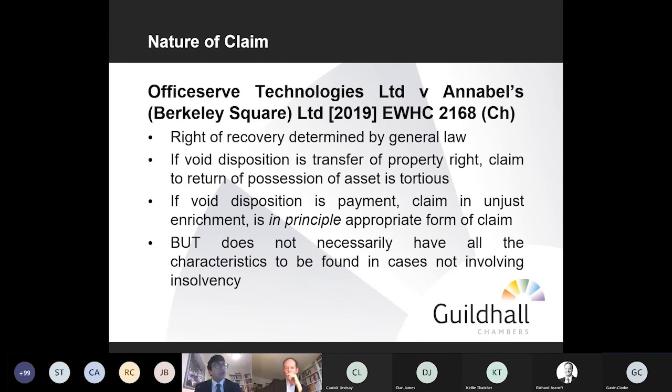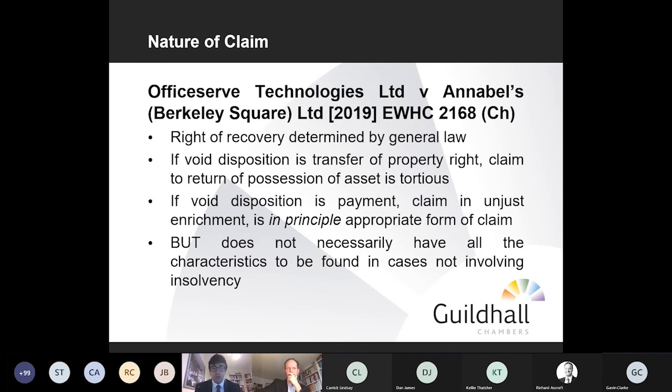And the point that Judge Matthews made in the Officeserve case is that it's all well and good looking to the general law, but you have to start by working out what the disposition involves to know what law to look to, if I put it that way. So there's a distinction if your void disposition is the transfer of a property right. So, for example, the company owns a car and it gives the car to someone else.